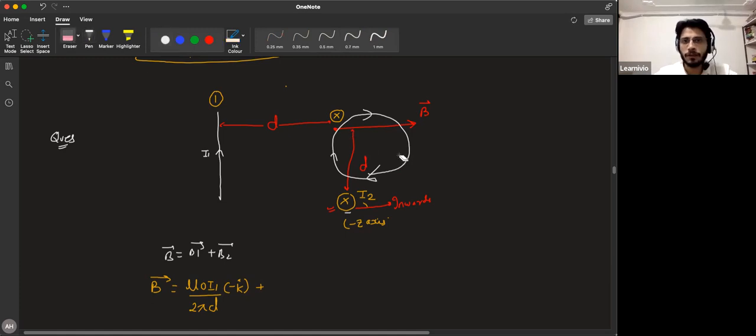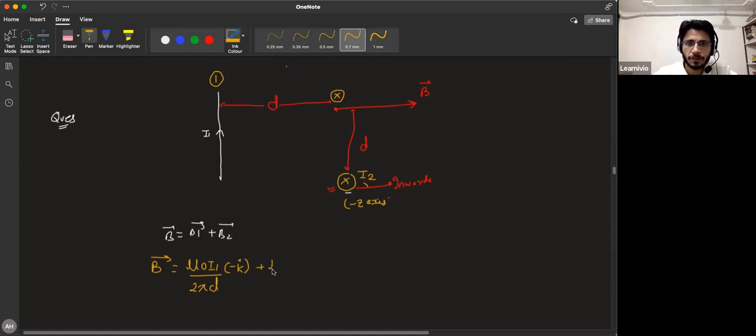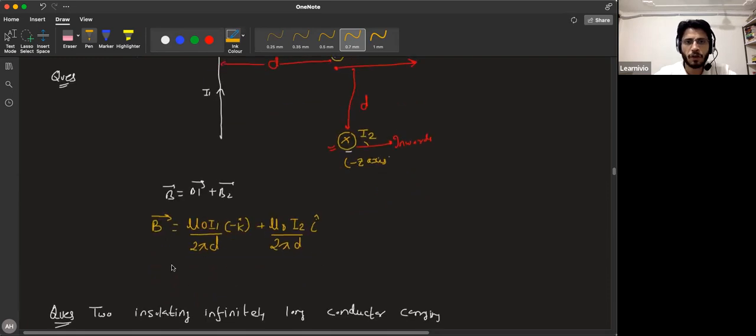Hishma, is it clear why I'm taking it to the right hand side? Yes, sir. Right hand side means which axis? It's x axis, I guess. So it's mu naught I2 by 2 pi d, it's i cap. Some were taking it along j cap.